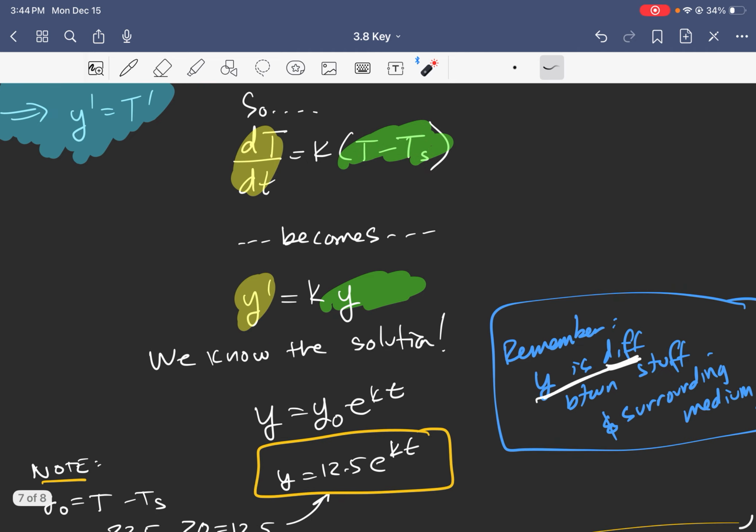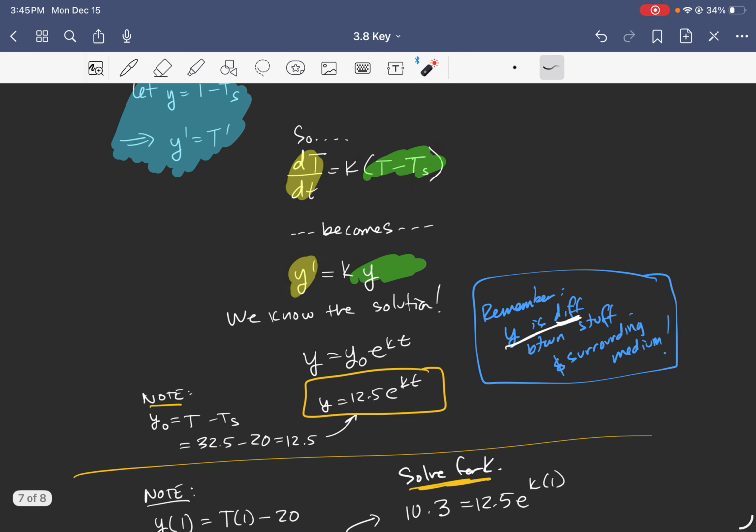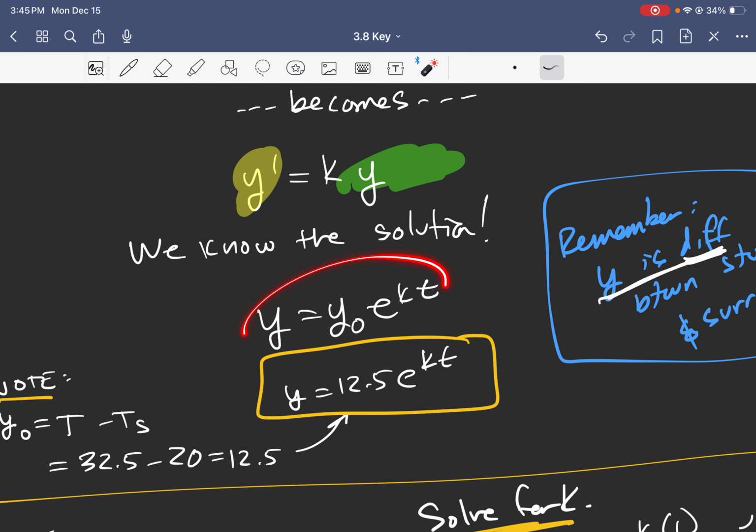So when you let this just be y, that means that dT turns out to be y prime. So then I can change a conversation about your temperature to a conversation about the difference between you and the surrounding medium. So that's what we're really modeling: the difference between you and the surrounding medium is your original difference, e to the kt.